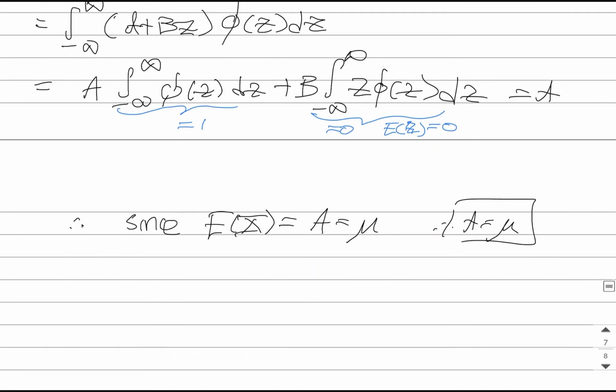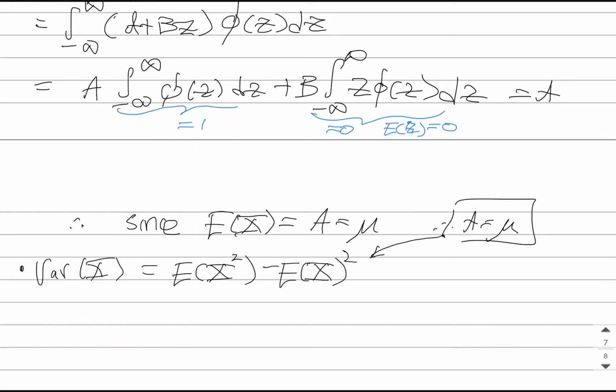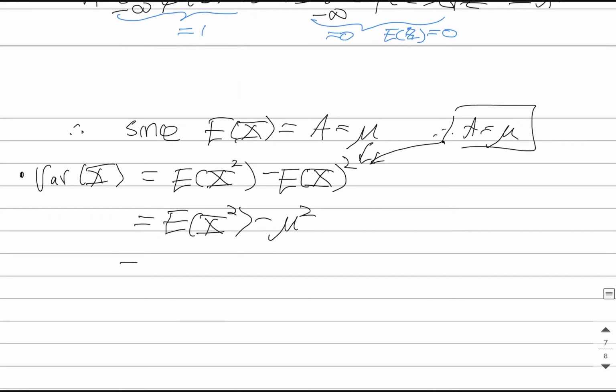And so the final thing that we need to talk about is the variance. And so the variance of x is going to be calculated as follows. From this result above, we'll get E of x squared minus mu squared. And then we're going to continue playing the same games we played up to now.